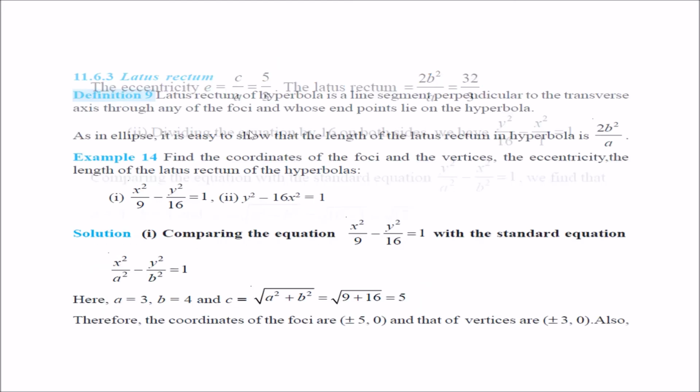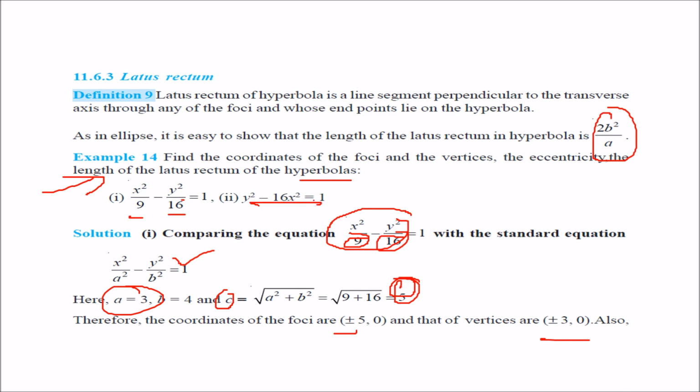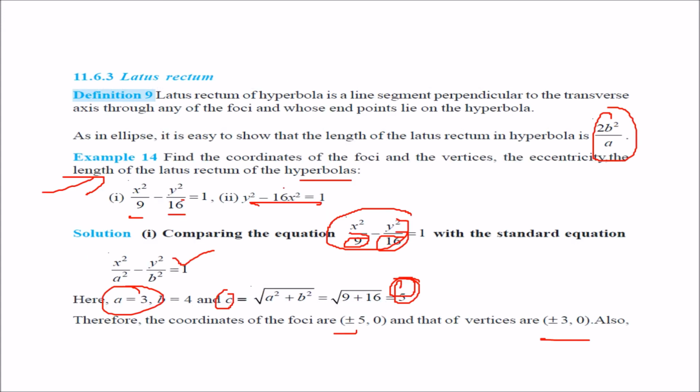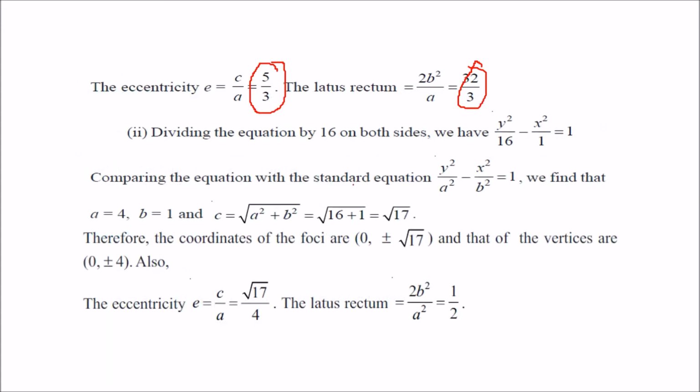Now for this one, we have to just make it in the form we are aware of. So let us make it like this: y square by 16 minus x square by 1 equal to 1. What we have done here is we have divided everything by 16. Okay, so now y square by a square minus x square by b square equal to 1. Let us compare it with this. a square is 16, b square is 1.